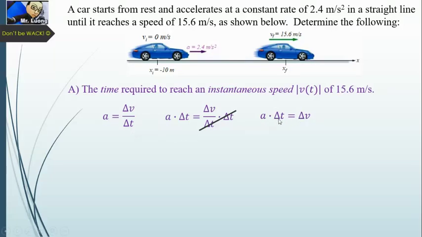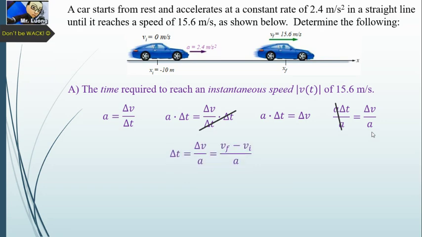But again, this part asks us to find change in time. So to get change in time by itself, we need to divide both sides by a, and that will look like this. And the a's on the left side now of the equation will cancel out. So here we have an expression for change in time, which is change in velocity over a. So it's important to write these down if you need help with the algebra.